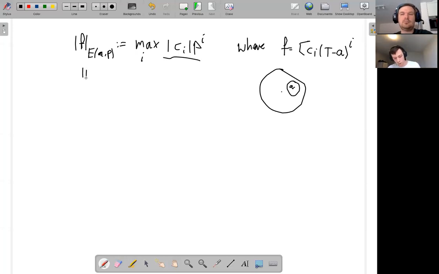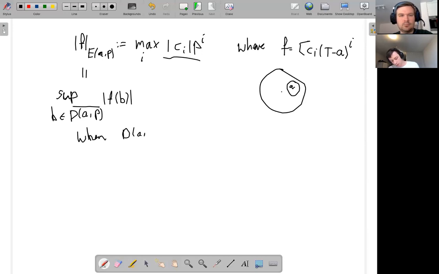So this can also be described as the supremum over points B inside this disk, of the absolute value of f(B).